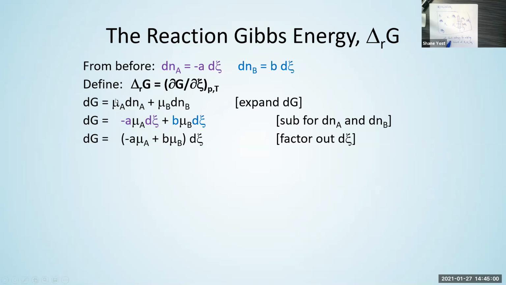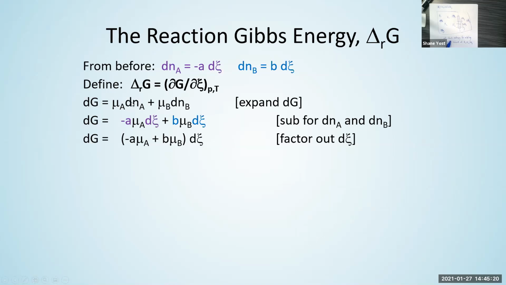So mu A times dnA gives us a change in Gibbs free energy with respect to how much A we're losing, and mu B dnB gives us the change in Gibbs free energy with respect to how many moles of B we're gaining, right?